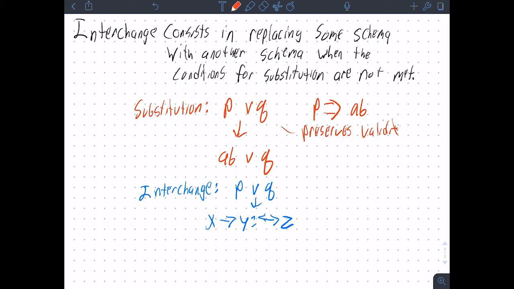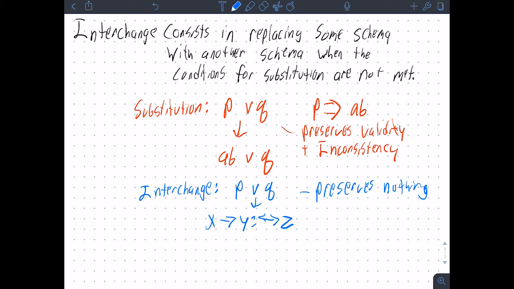Validity and inconsistency. Right. Interchange ordinarily preserves nothing. Sorry for the awful handwriting.